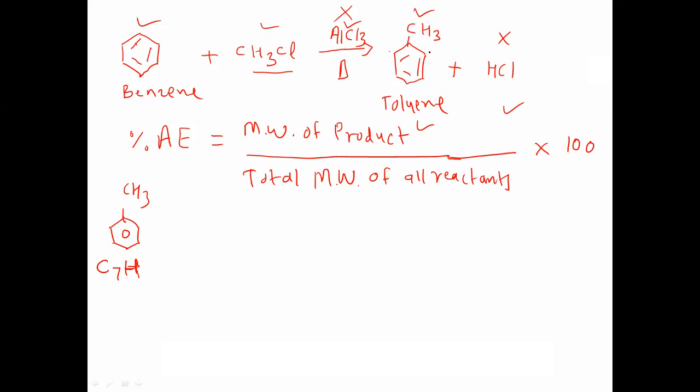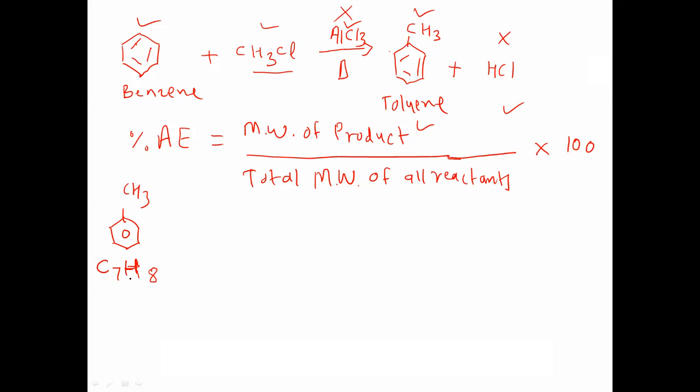Here it is the same situation. 3 bonds means the fourth must be hydrogen. So how many hydrogens remain? 1, 2, 3, 4, 5. So 5 hydrogens in the ring, and 3 hydrogens with the alkyl group. So 5 plus 3 means 8. So I must write 8. This is the product.